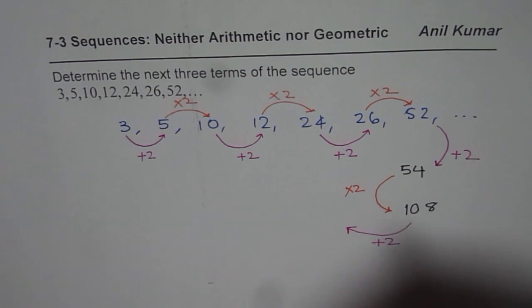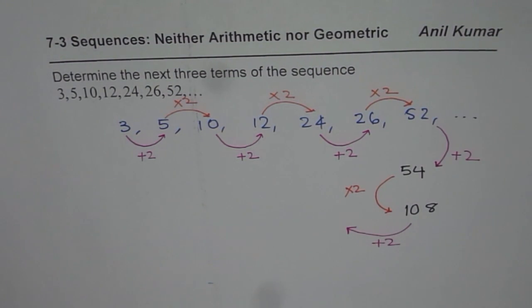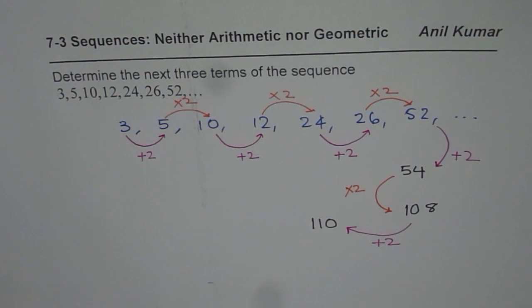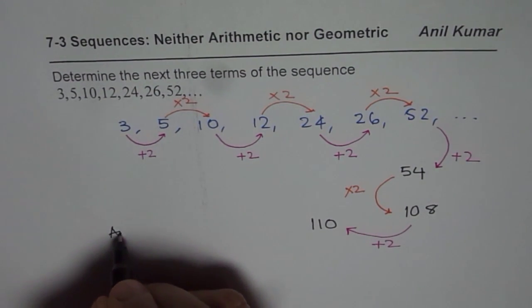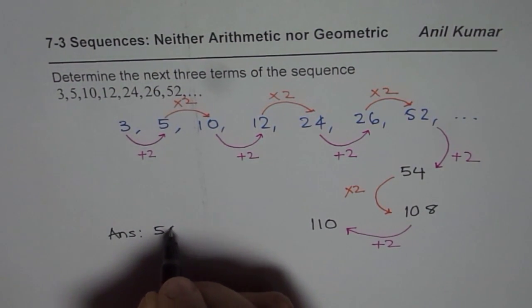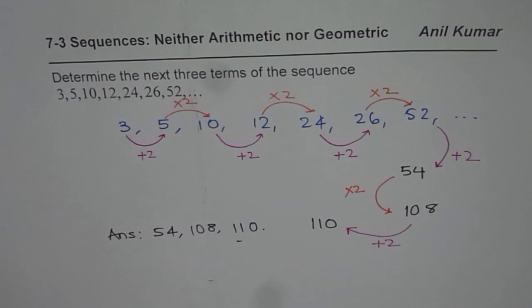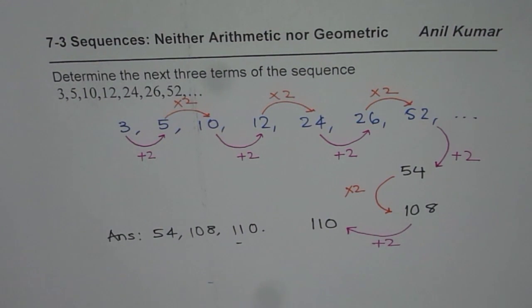So we added 2. So what do we get? We get 110. So that is how you can actually get the sequence, and therefore the next three terms for us are 54, 108, 110, right?